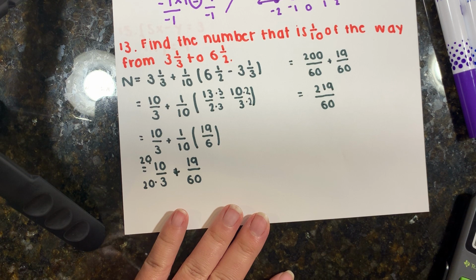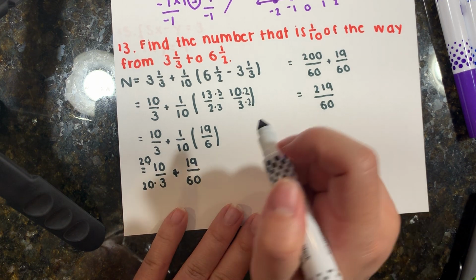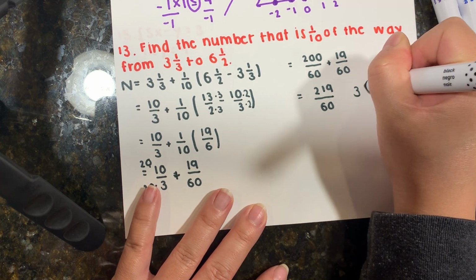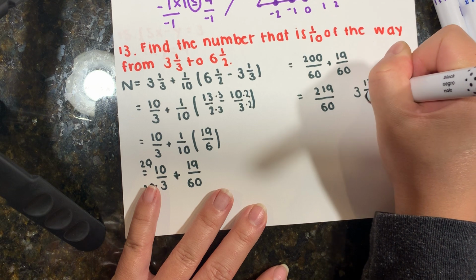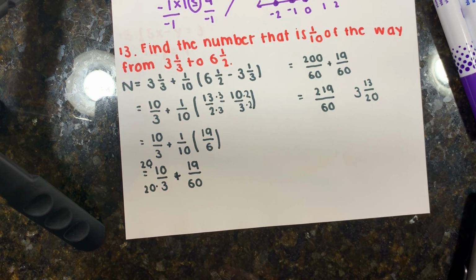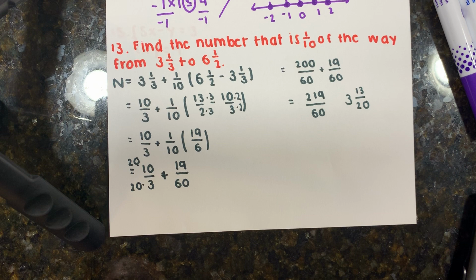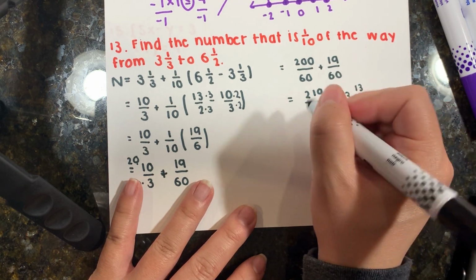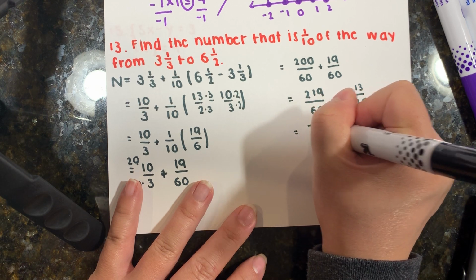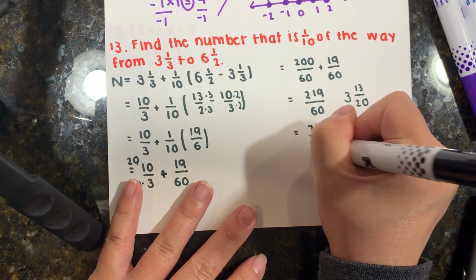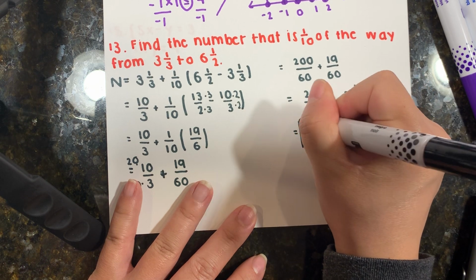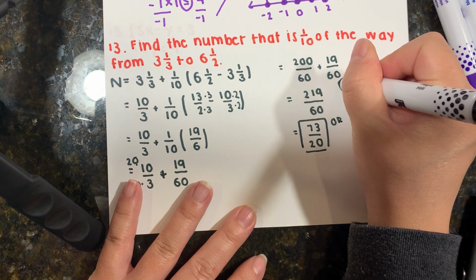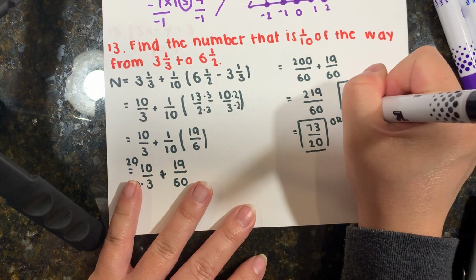And that written would be 3 13/20. And this right here could be simplified. So this would actually be 73/20. This would be one of your answers.